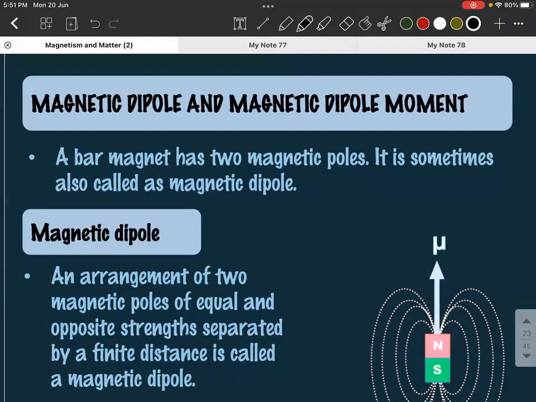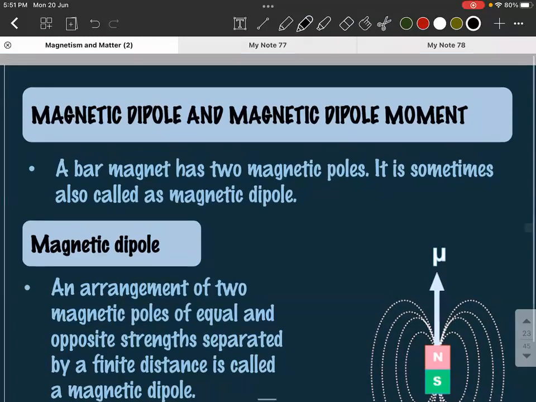Which one is north? This one is north, this is south. It is still considered as north and south, because it is something like a series connection.